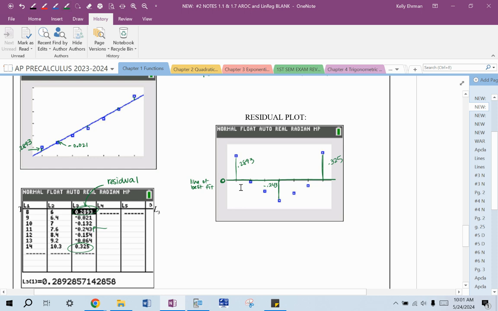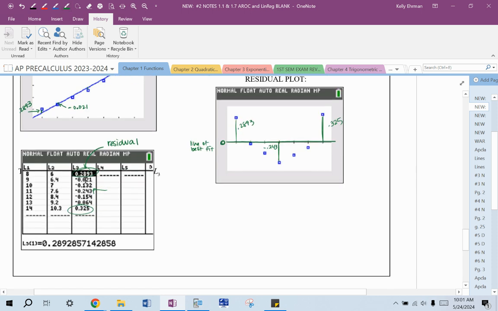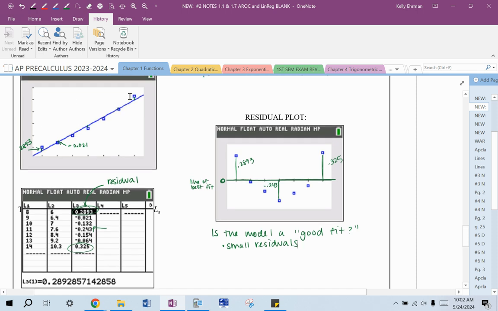So what do I do with the residual plot and the residuals? Well, you're looking for small residuals. So let's answer this question. Is the model a good fit? Is it accurate for the data? Based on the residuals, we want small residuals, meaning we don't want huge spaces between our line of best fit and our point on the graph.